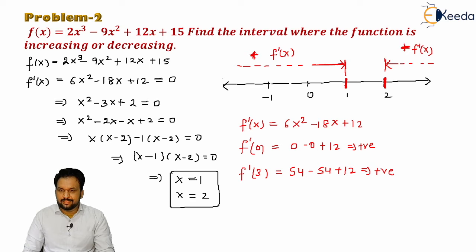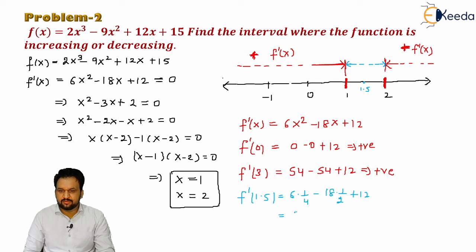Now the point is, what about the interval between 1 and 2? At this interval, will f dash x be positive or negative? Any value you can take, like 1.5. I'm just taking 1.5 and substituting in f dash x, that is 6 into 1.5 squared, which is 6 into 9 by 4, that is 27 by 2, minus 18 into 1.5, which is minus 27, and plus 12.